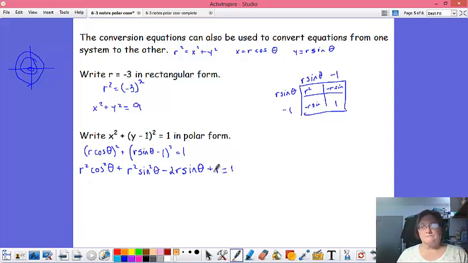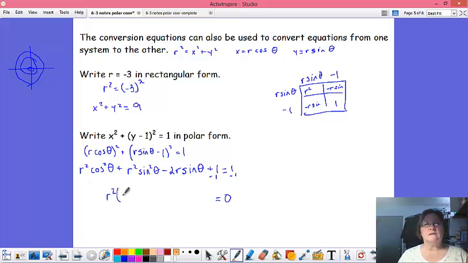Well, we can see that those 1's on either side are going to knock each other out, so we're going to subtract 1 from both sides, and that'll put us at 0. And then you're looking at these three terms over here, so this equals 0. I see right here a sine squared and a cosine squared, so I think I'm going to join those. I'm going to factor an r squared out of both of those.